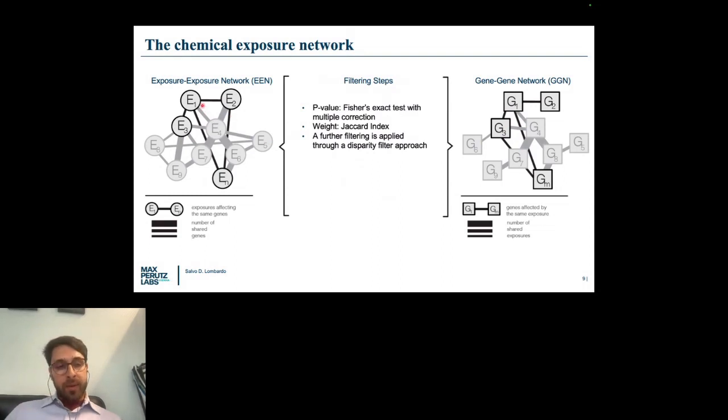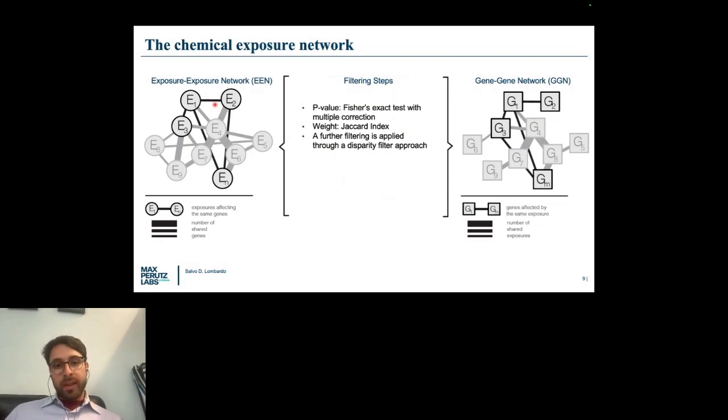On top of that, we set a weight that was a Jaccard index on each of these edges, which computes the amount of shared components between two exposures or two genes. And we further used this weight in a disparity filter approach so that we could sparsify this network. I'm not going too much into the technical details here, but if there are questions later on, we can go more into the techniques that have been used in this work.